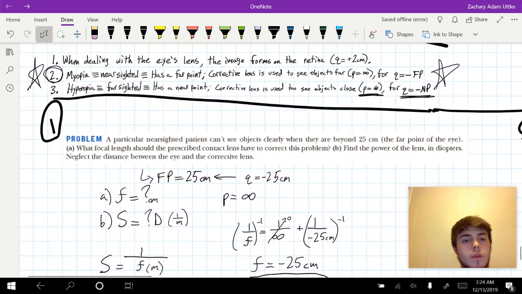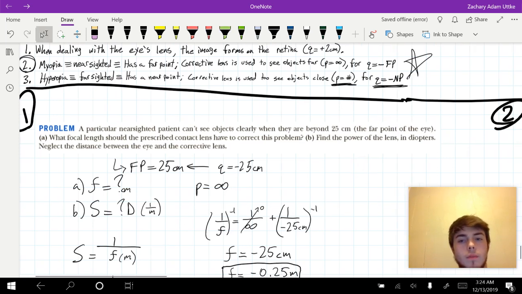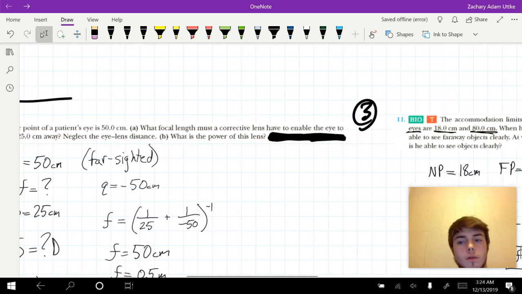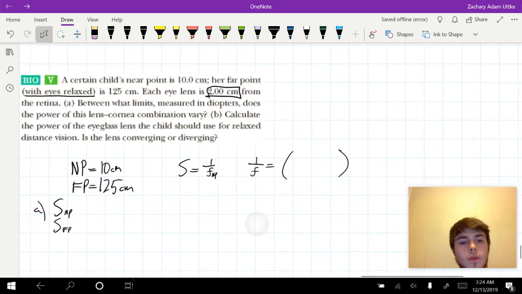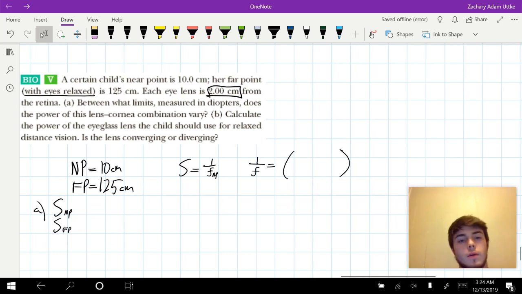For dealing with a near point, P will equal a number. Oh, okay, we're dealing with this child's eye. So the retina, the image will form at the retina.